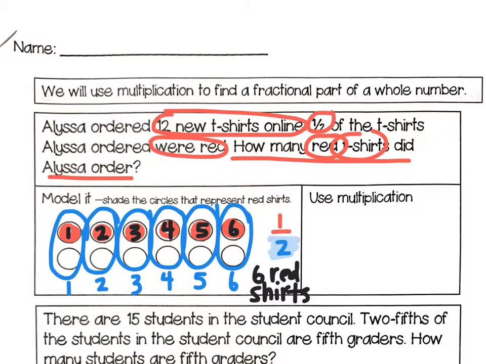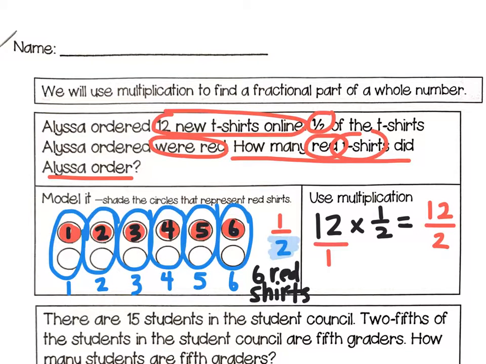Now, the multiplication problem here would look like this. 12 times 1/2. And like we talked about yesterday, we can't multiply a whole number times a fraction, so I'm going to make my 12 into a fraction by putting it over a 1. Now I can multiply my numerators. 12 times 1 is 12, and 1 times 2 is 2.